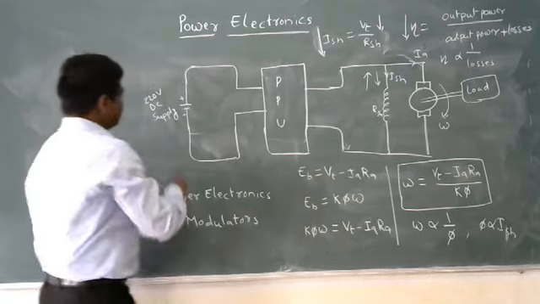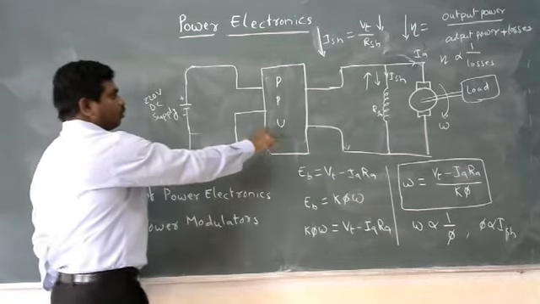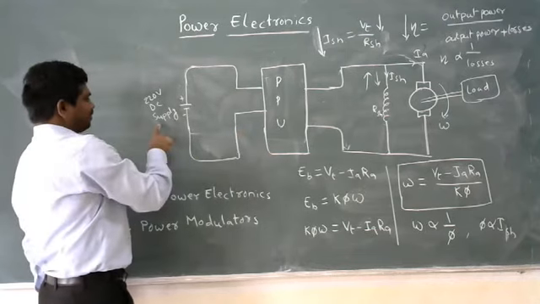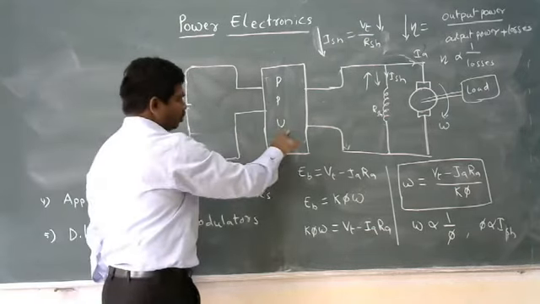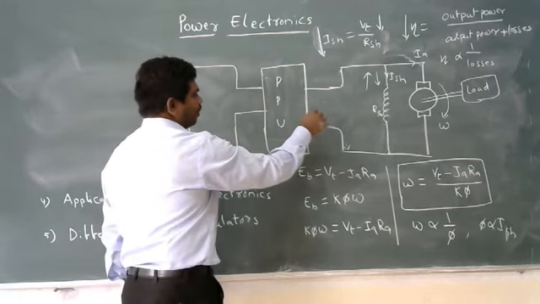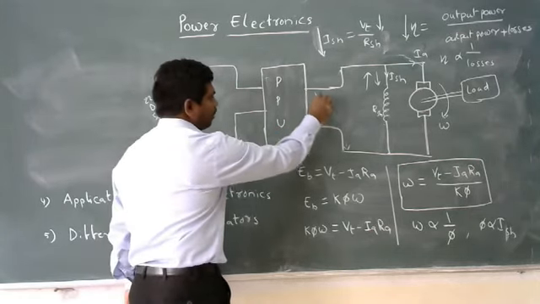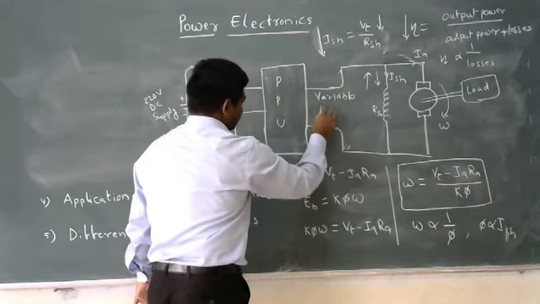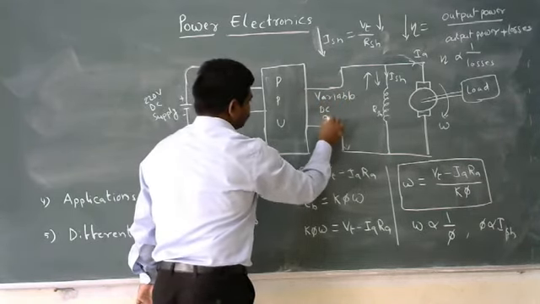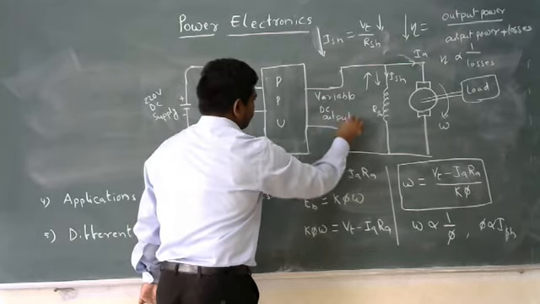Let us see. The input to the power processing unit is a fixed DC supply. From this fixed DC supply, the power processing unit is going to give us a variable DC output.